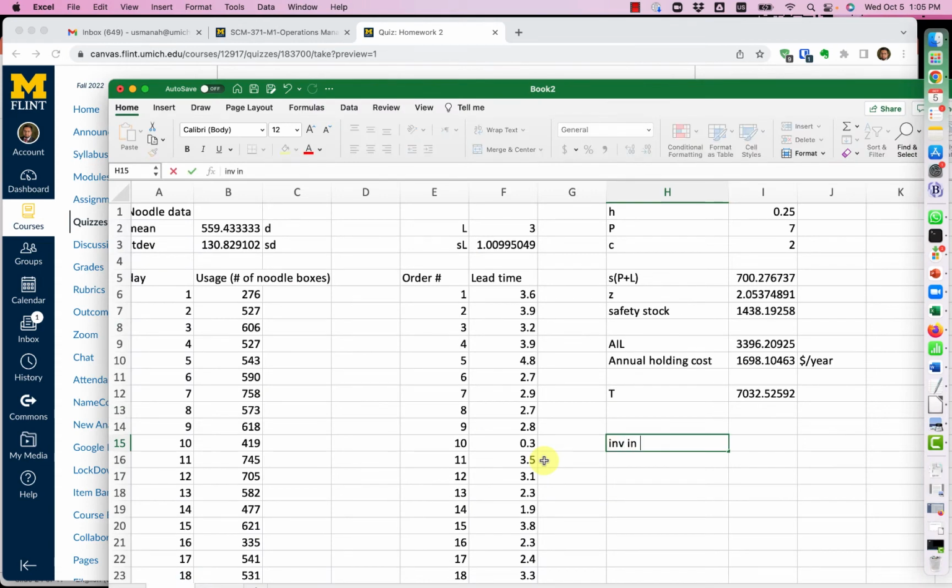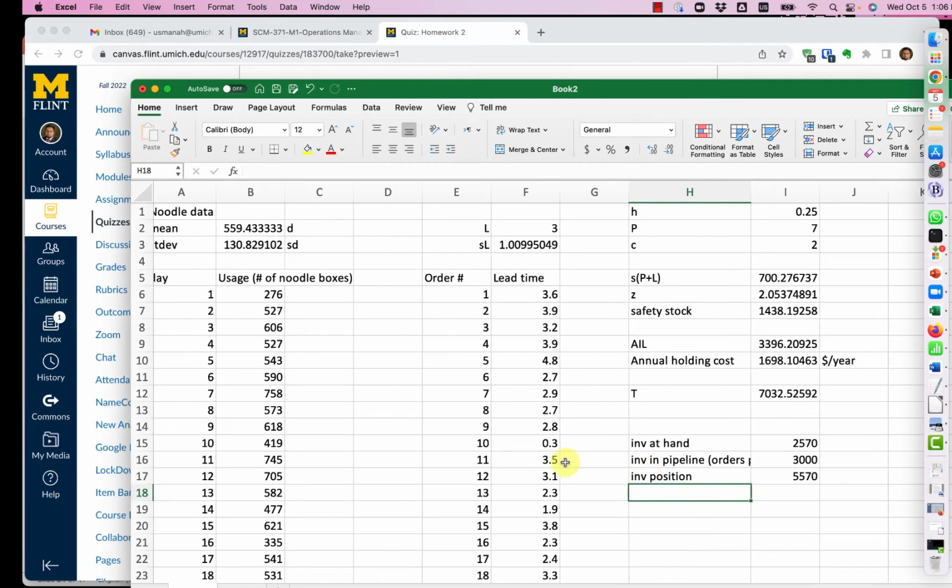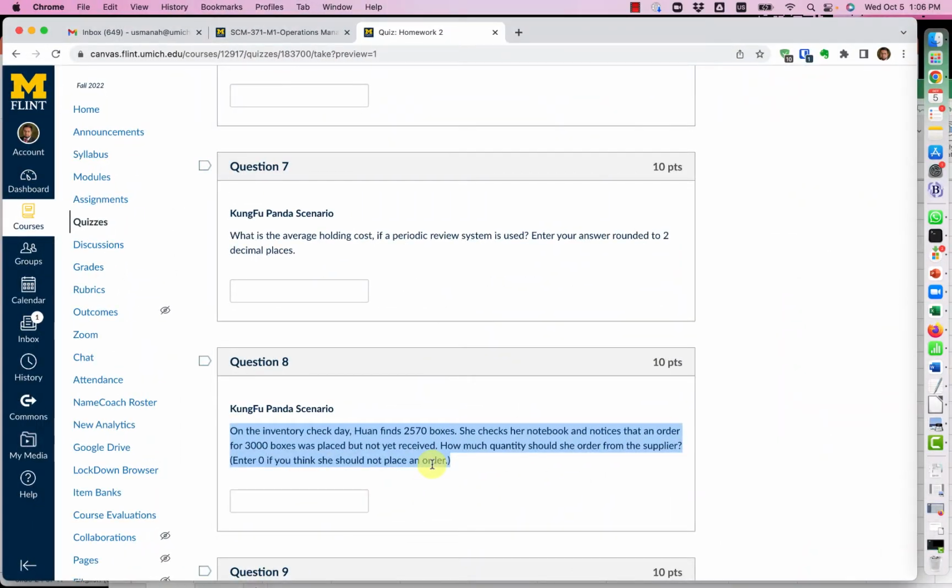So inventory on hand is 2570, and inventory in the pipeline, i.e. orders placed, is 3000. That means my inventory position is inventory on hand plus inventory that's already been ordered and is on the way. And how much will I order?